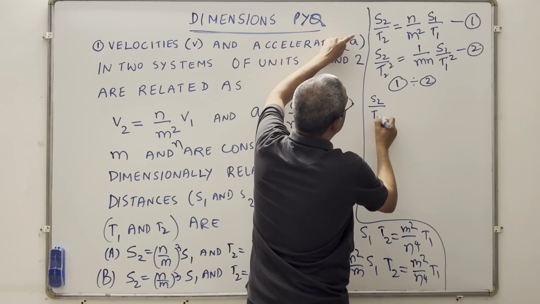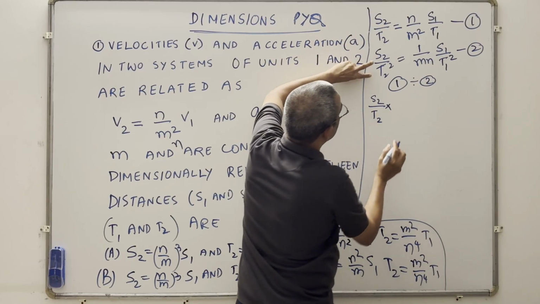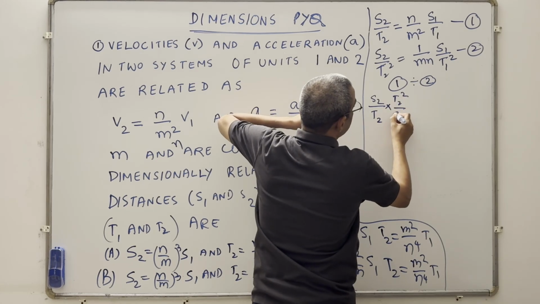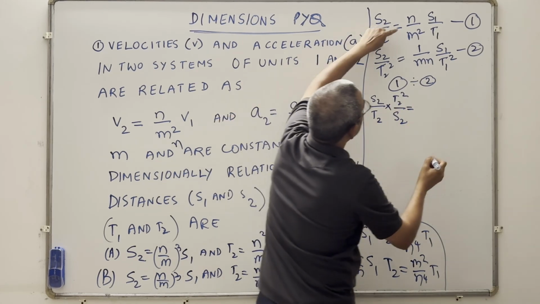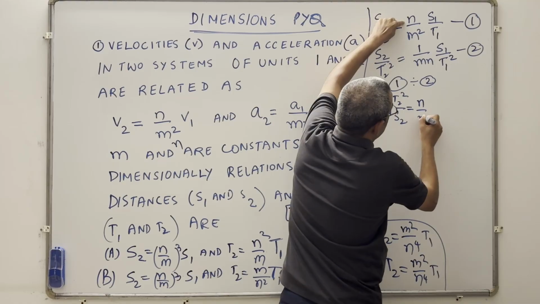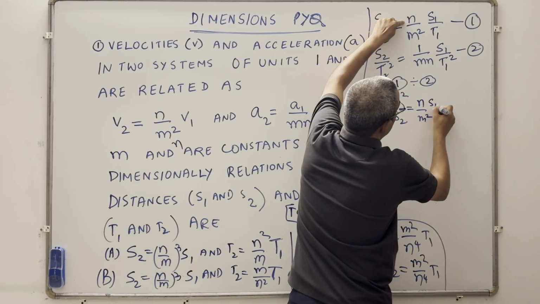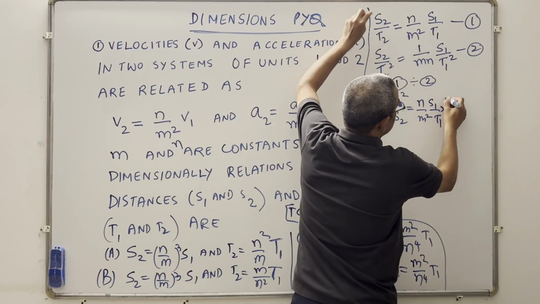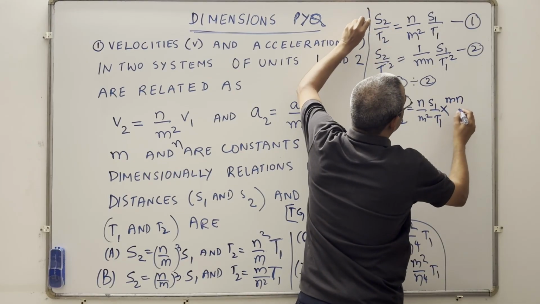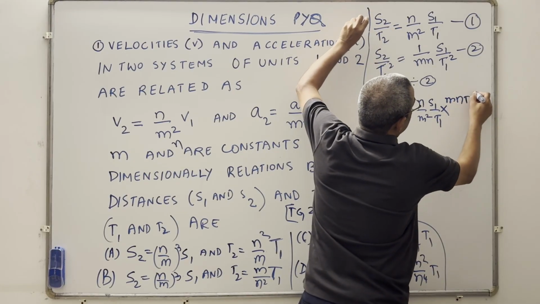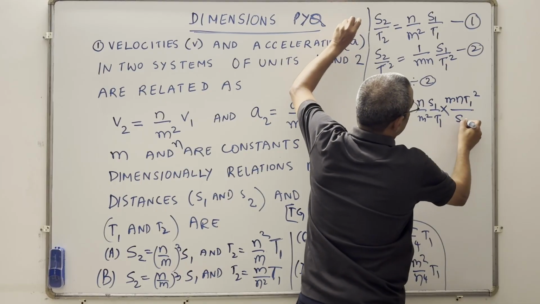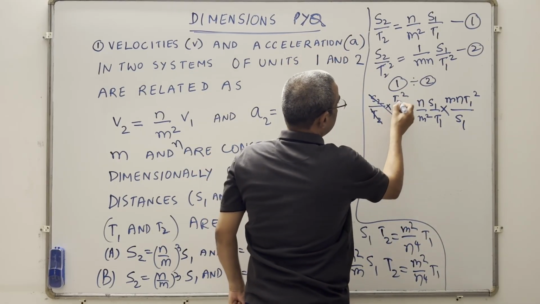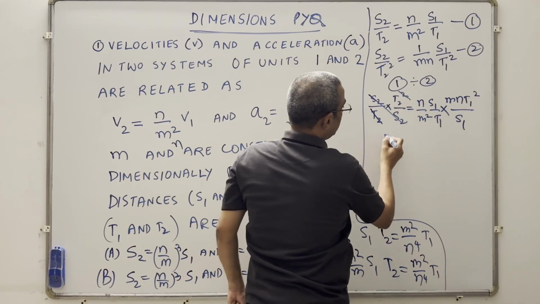S2 by T2 into, this gets reversed, T2 square by S2 is equal to n by m square into S1 by T1 into, this gets reversed, mn into T1 square by S1. So S2 gets cancelled, T2 and T2 square, one T2 gets cancelled.